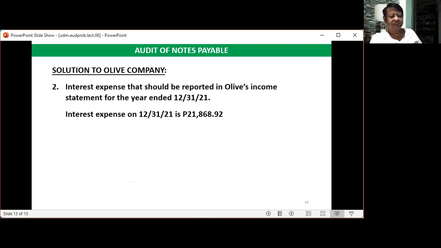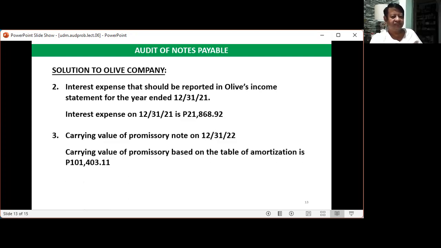So the interest expense at the end of 2021, as we computed in the previous slide, is 21,868.92. The carrying value of the promissory note at the end of 2022, we already computed that also in the previous slide using the table, and that is 101,403.11.